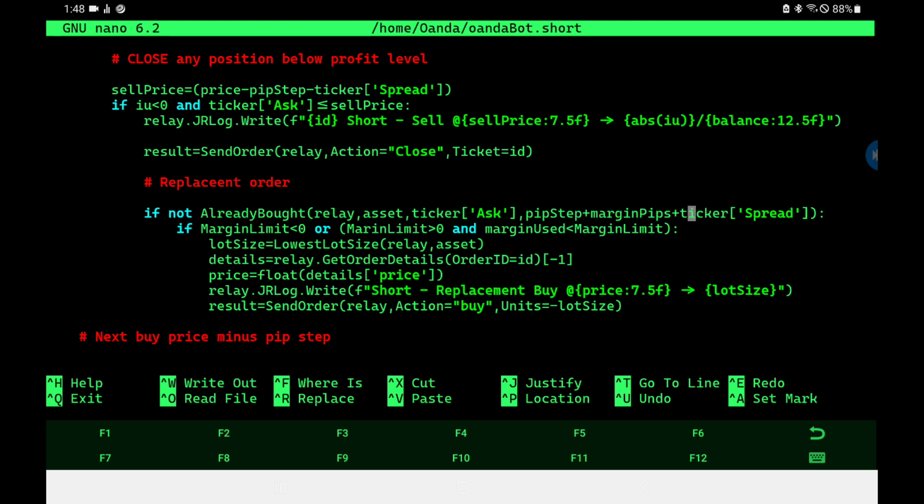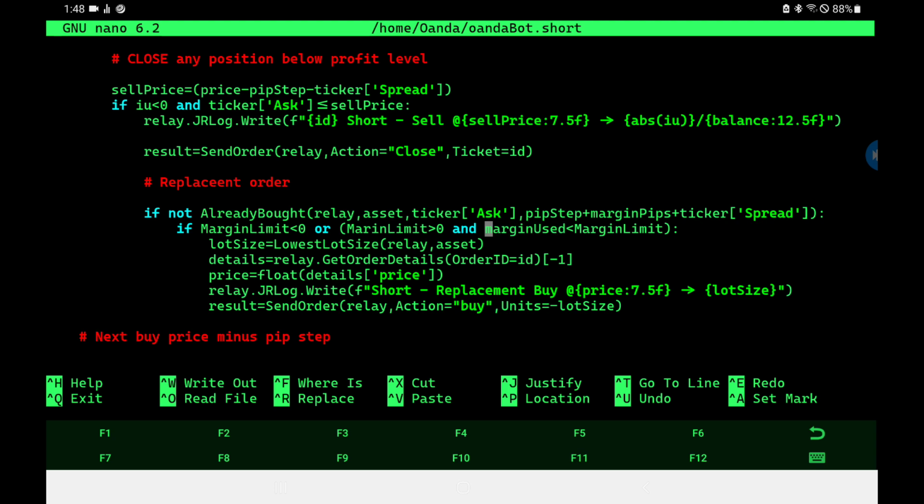So, in order to make sure that a purchase takes place, this requirement must be met. The current asking price must meet all of these situations.